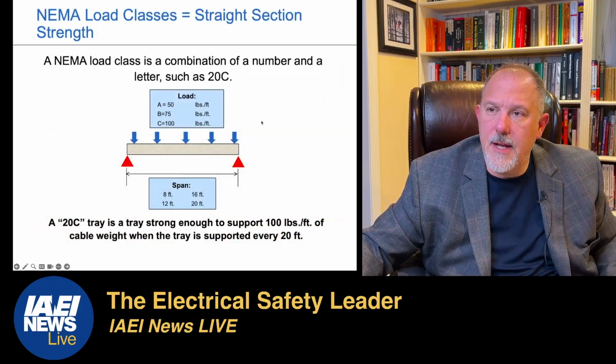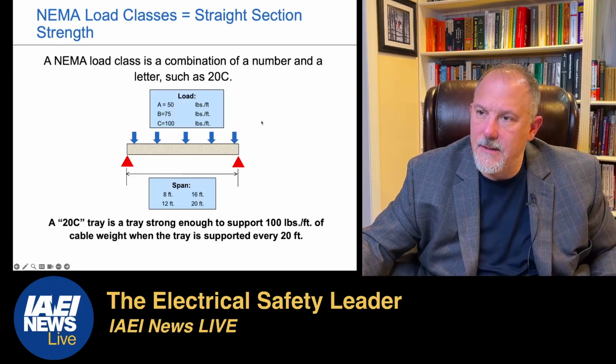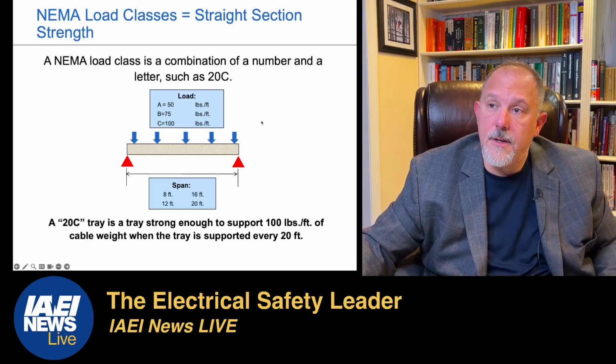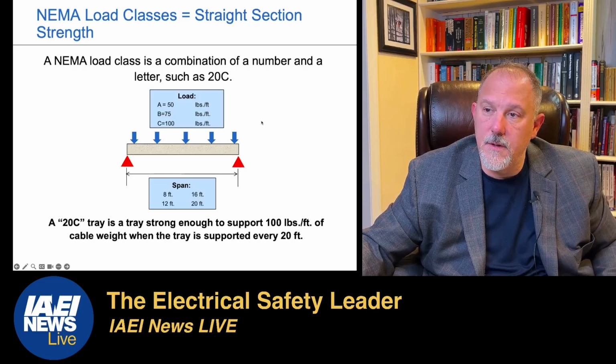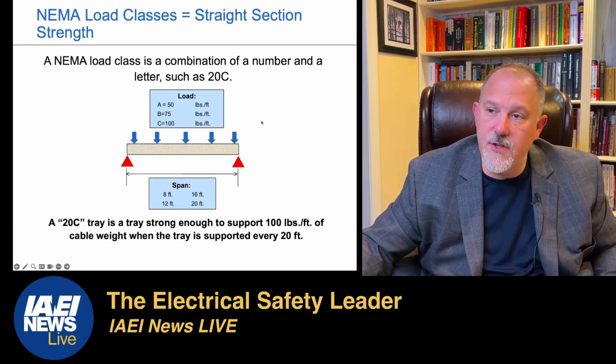A NEMA load class is a combination of a number and a letter, such as 20C. A equals 50, B equals 75, C equals 100, all in pounds per foot. Those are your spans, 8, 12, 16, and 20.